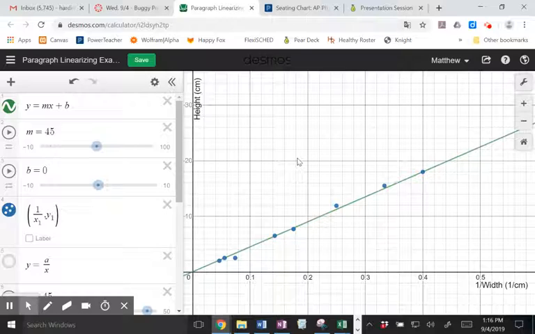And then, lo and behold, it's that same number. It's that same constant. The units would still be centimeters squared for that. But if you're asked to produce the linear version of a relationship, you're not going to plot height versus width. You're going to plot height versus 1 over width. That's what the original graph suggests if it's a hyperbola.